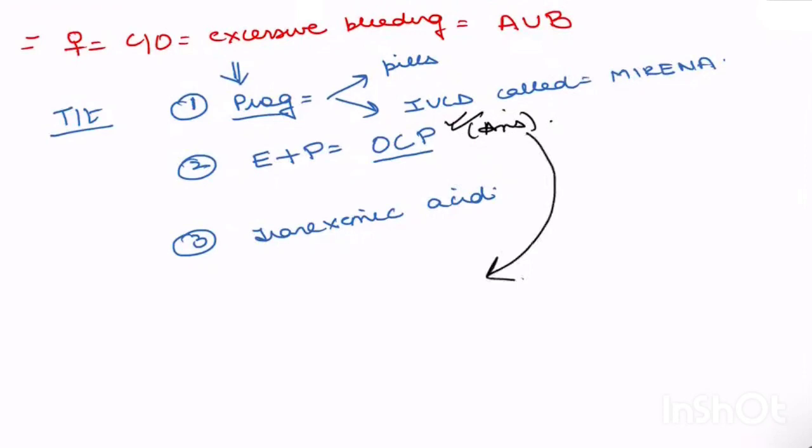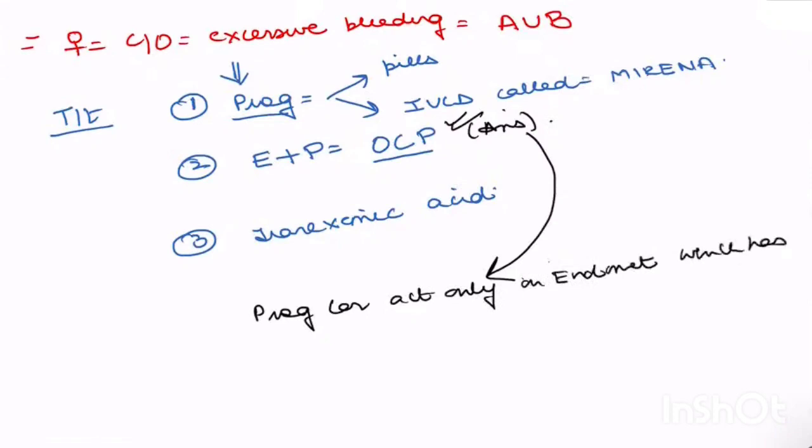Because although progesterone is the hormone which is needed for menstruation and supports the endometrium, progesterone can act only on endometrium which has been primed by estrogen.